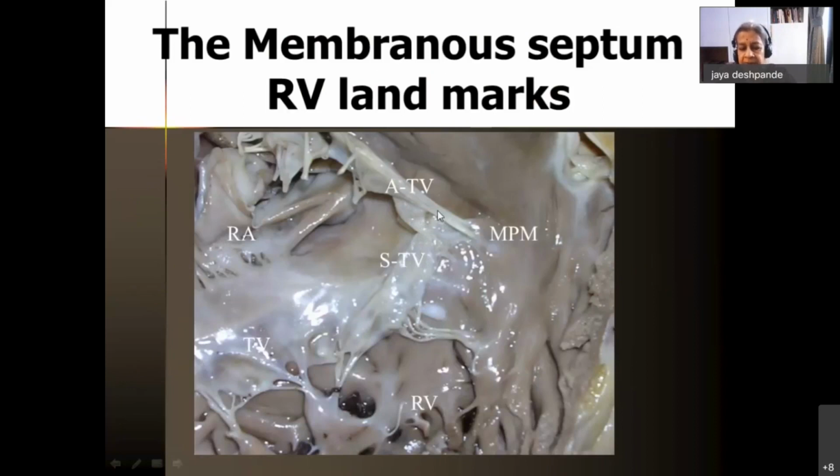And one of the important landmarks of the membranous septum is the medial papillary muscle, and we shall soon realize what is so important about this medial papillary muscle. So in a normal heart, the membranous septum is generally covered by the septal tricuspid leaflet.